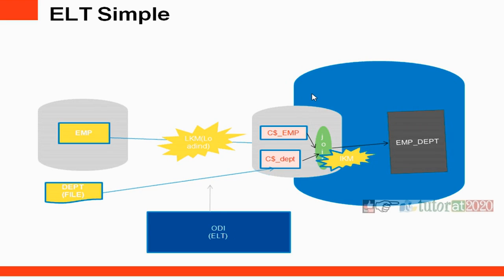EMP_DPT is the target table, $EMP is one table and $DP is another table. If I want to join and then load into the target, it is one simple statement: insert into EMP_DPT select * from $EMP, $DPT where $EMP.DPT_NUMBER = $DP.DPT_NUMBER. A single SQL, and when I run this SQL, it will take the data from here and load it into this particular target table.